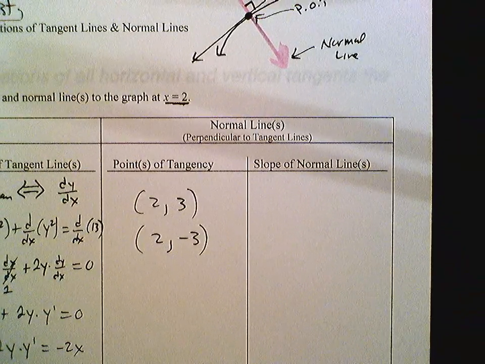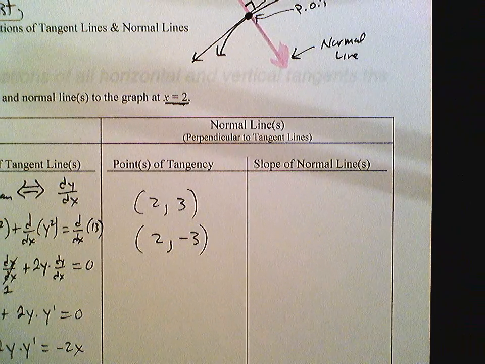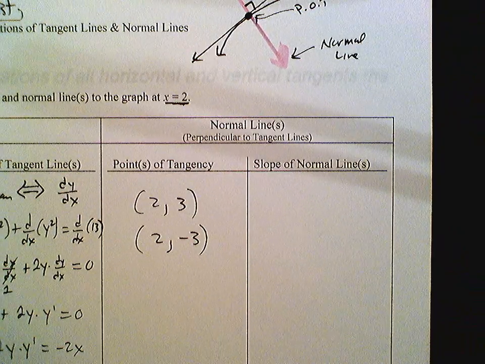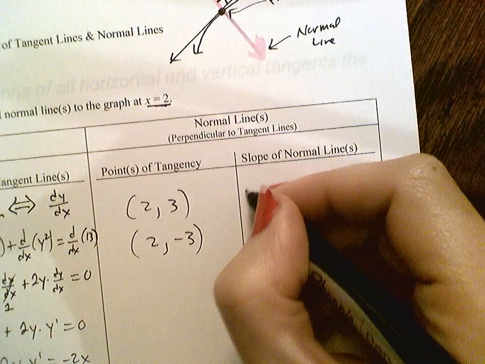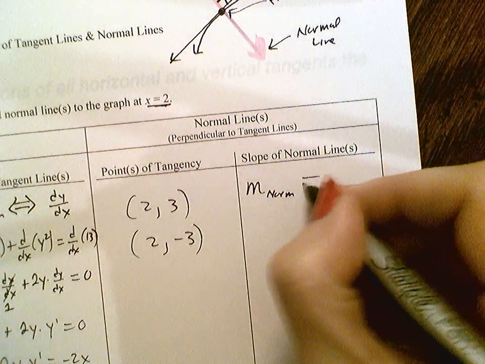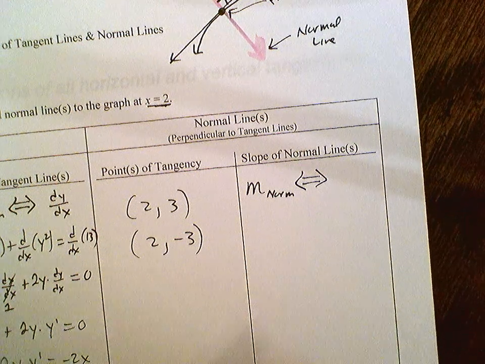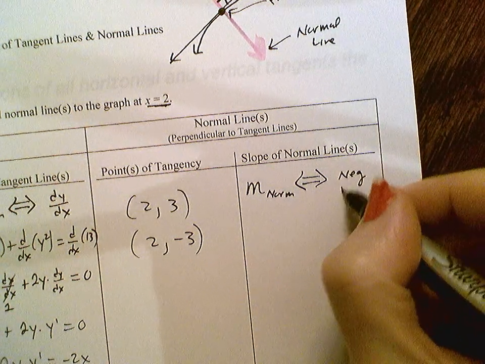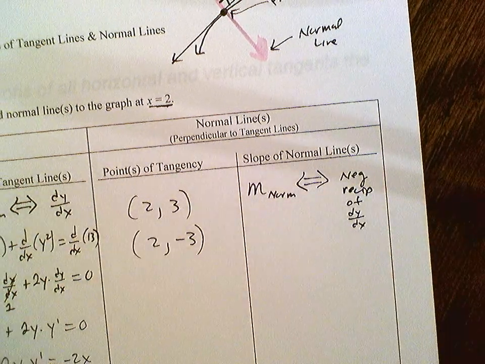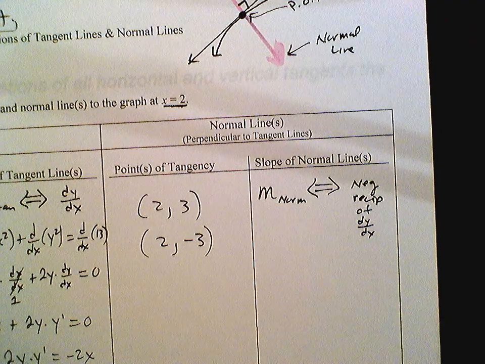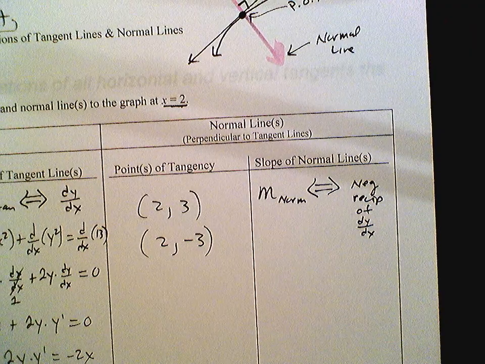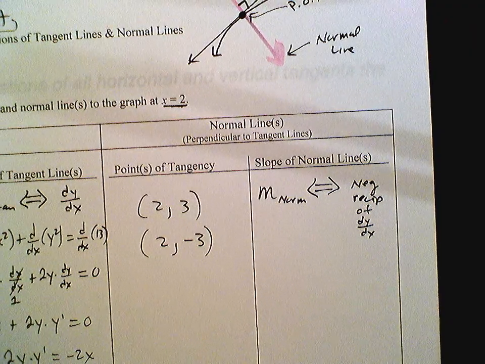But the slope of the normal line, I'll say m norm, is the negative reciprocal of dy/dx, because normal lines and tangent lines are perpendicular to each other. So they're going to have negative reciprocal slopes.